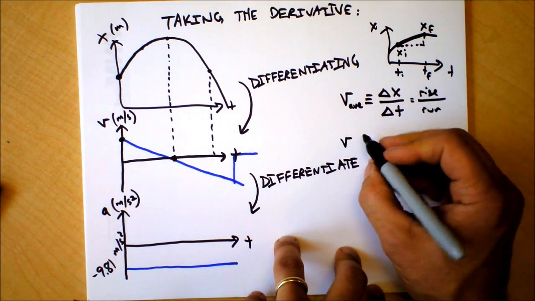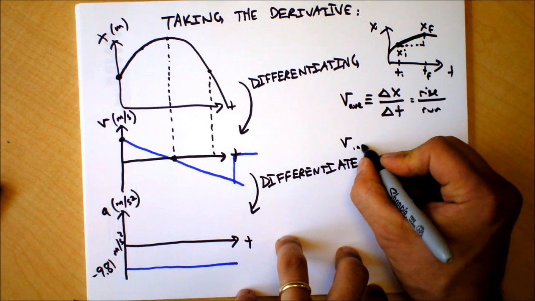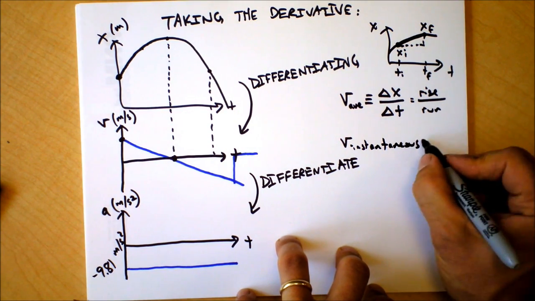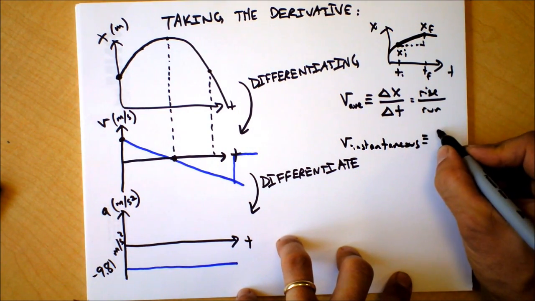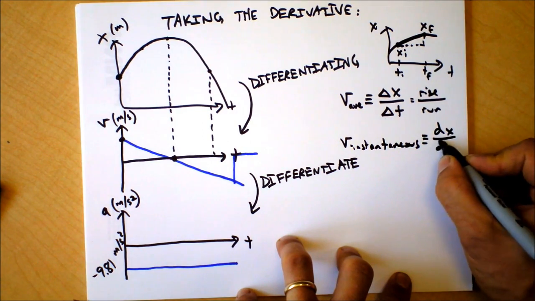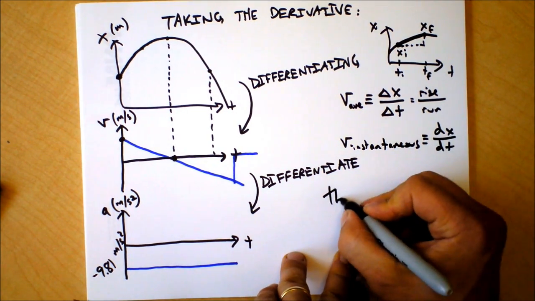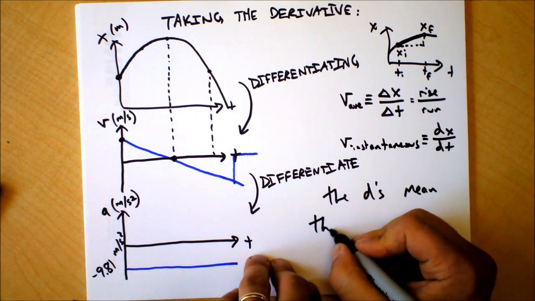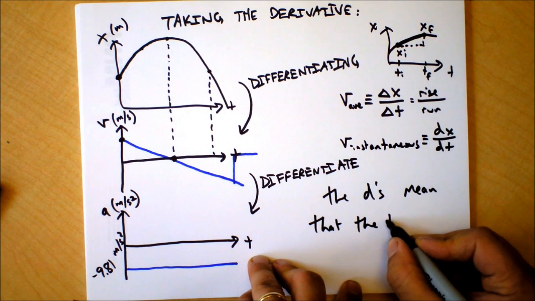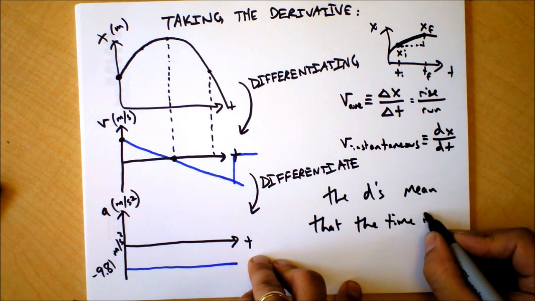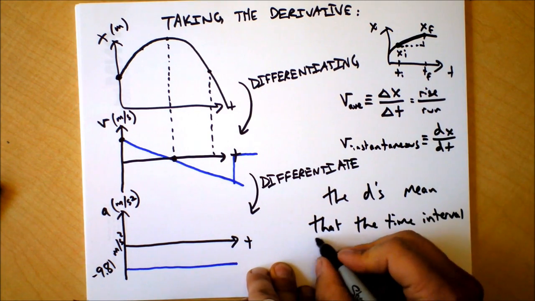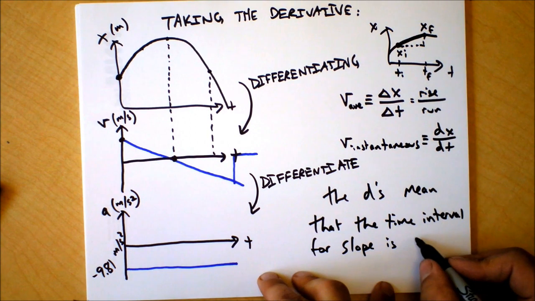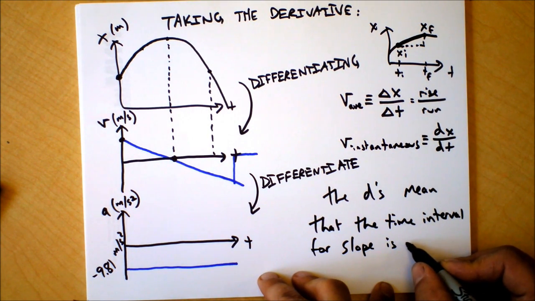But we can define something now called instantaneous velocity. The instantaneous velocity is defined as dx dt, and the d's mean that the time interval for the slope is negligible.